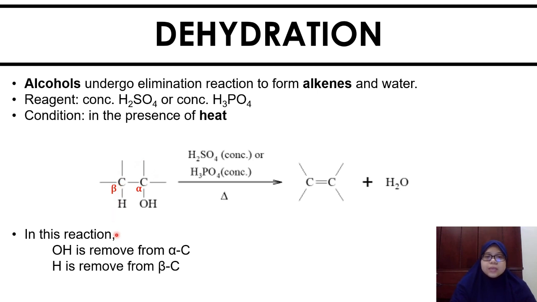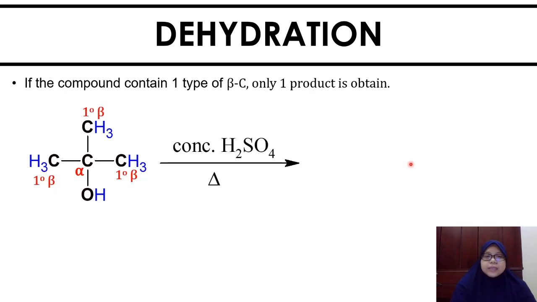So in this reaction, OH is removed from the alpha carbon and hydrogen is removed from the beta carbon, forming the second bond between the carbons, forming the alkene. Okay, we look at this example. If the compound contains only one type of beta carbon, you will produce only one product.